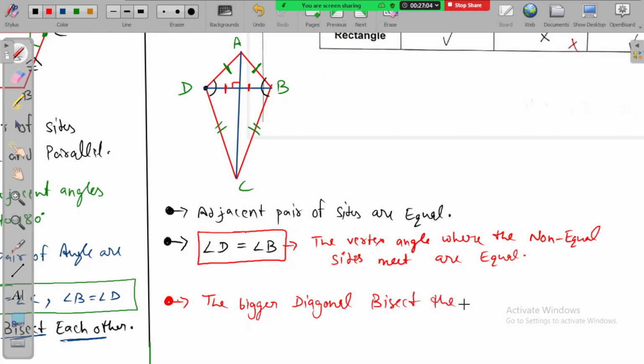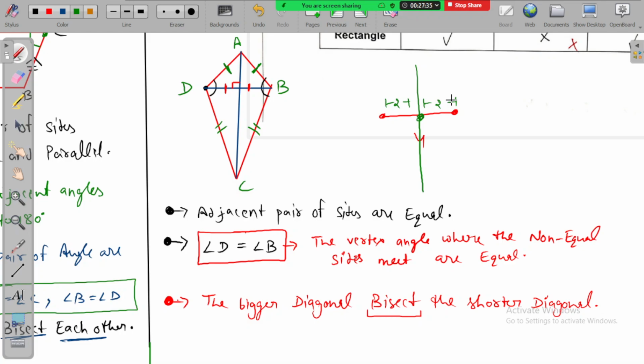the shorter diagonal. Do you know the meaning of this word bisect? What's the meaning? Cross. Just a cross. The real meaning is like, let's say this line is 4. And if this is bisected by this line, so what can I say? I can say this part is 2 and this part is 2. That's the meaning of bisect. So bisect means dividing equally.